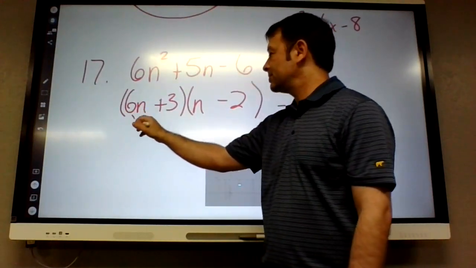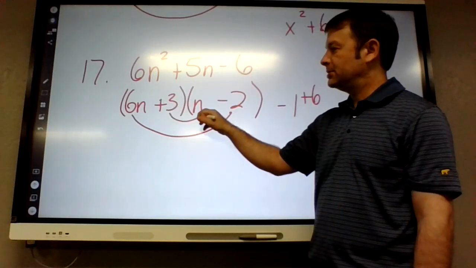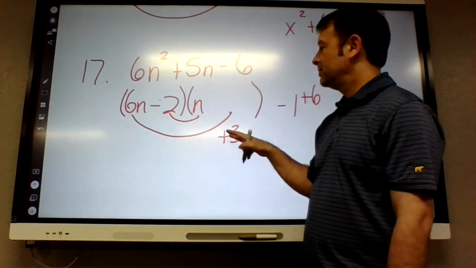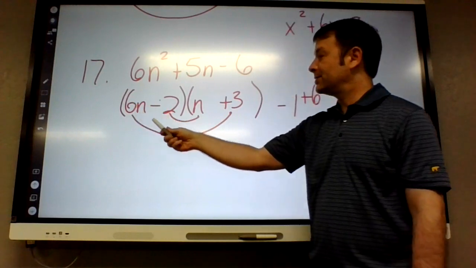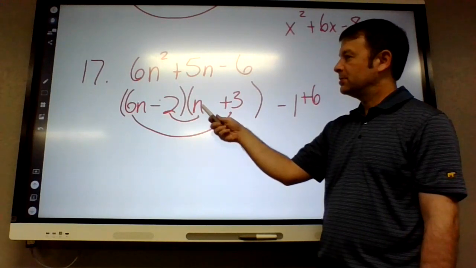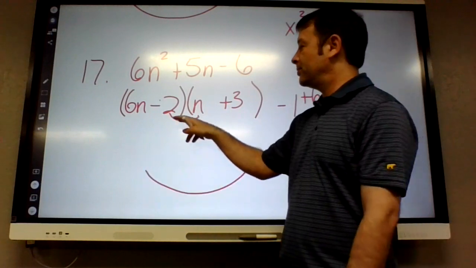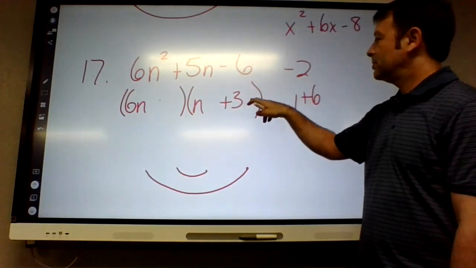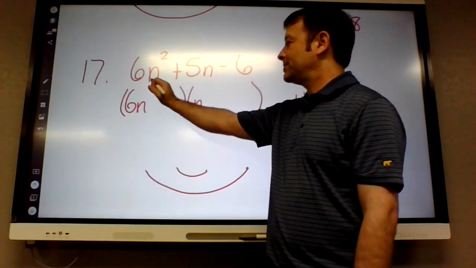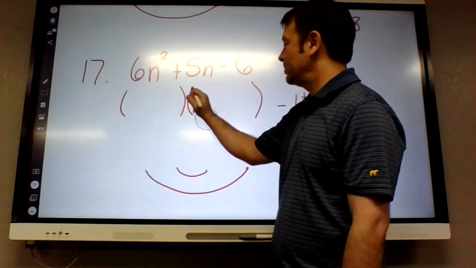Outside is -12 plus 3 is -9, so no. Now the outside is 18 minus 2, which is 16, not that. Okay, so 1 and 6 didn't work, 2 and 3 didn't work. We guessed incorrectly on that. We've already used 6 in and in twice, so of course they're gonna do the other one.